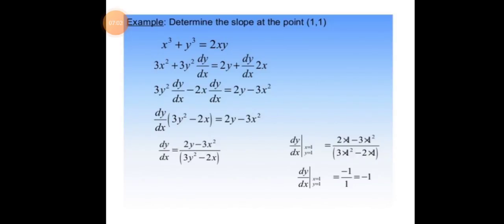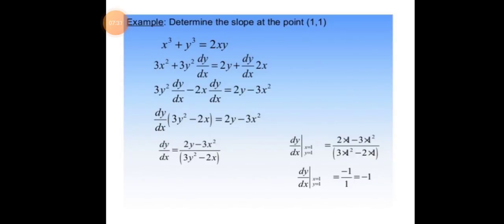Then 3x squared plus 3y squared dy divided by dx equals 2x dy divided by dx plus 2y. Then 3y squared dy divided by dx minus 2x dy divided by dx equals 2y minus 3x squared.